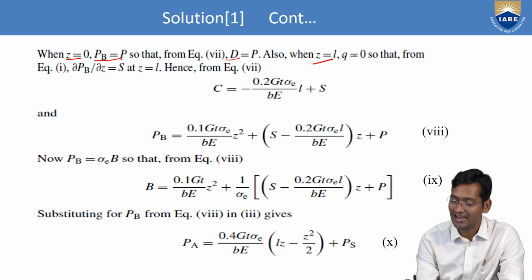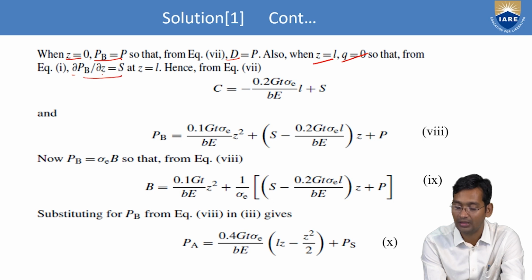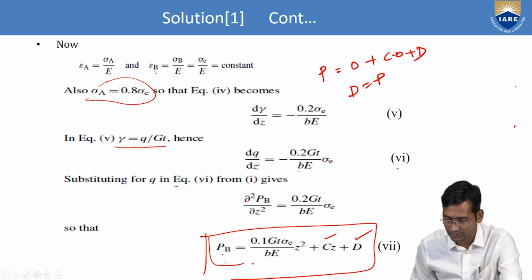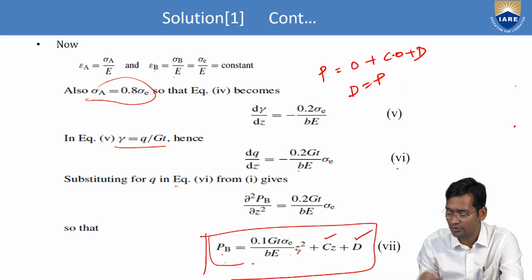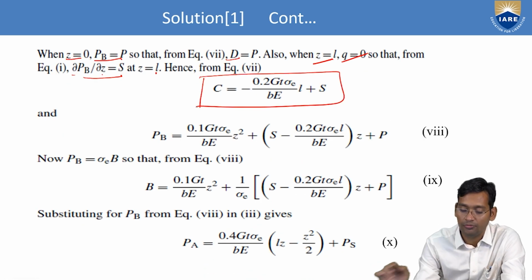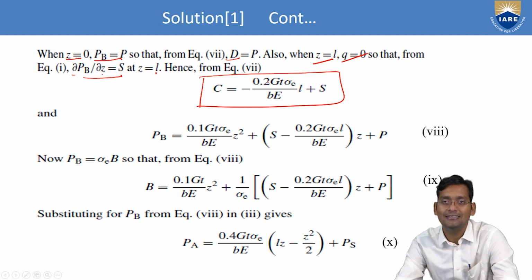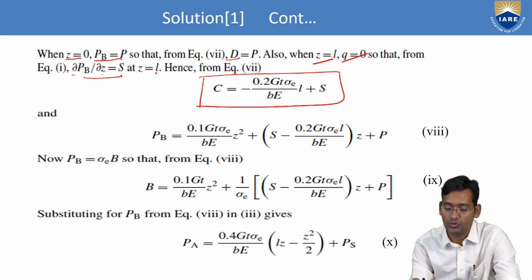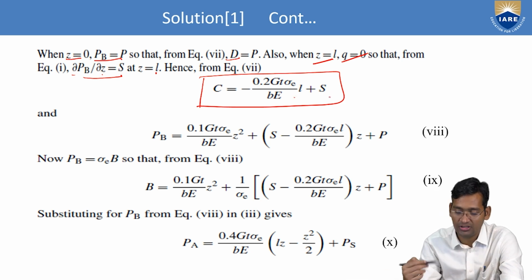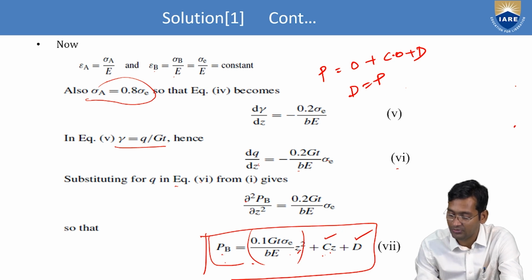Now when z is L, then Q is 0, so del PB by del z equals S at z equals L. So here just put z equals L. So this becomes z square, and C we already got. After that, C equals 0 minus 0.2 GT sigma E by BE into L plus S. This is C. Now put the values of D and C. D is P and C is this one.